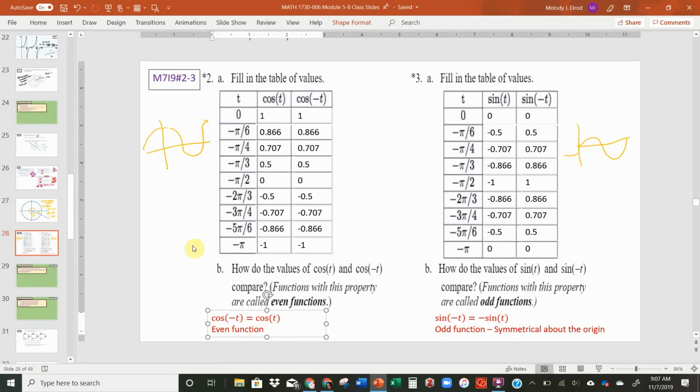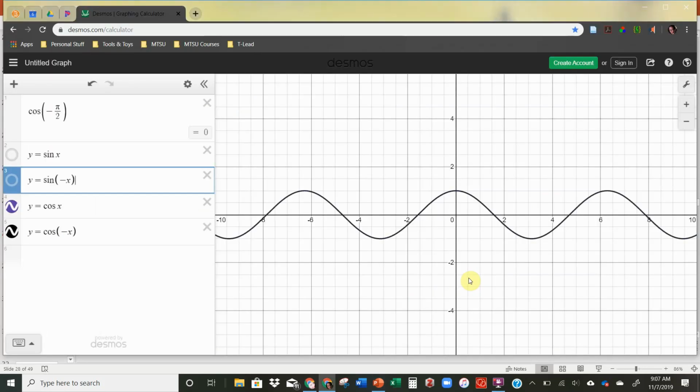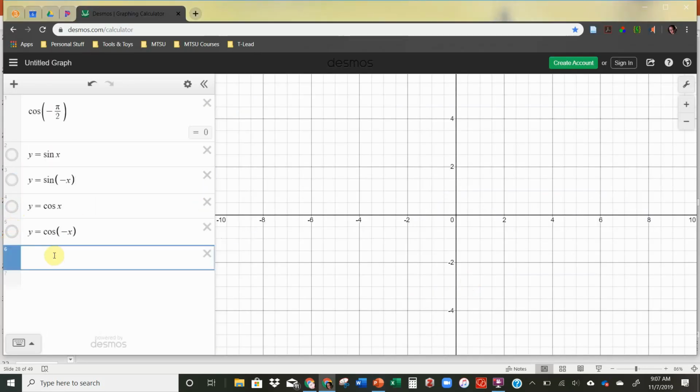All right, so that takes care of our talk of negative values for now. Although, let's take a look at tangent too. Let's double check and see which one of those we think tangent might be.